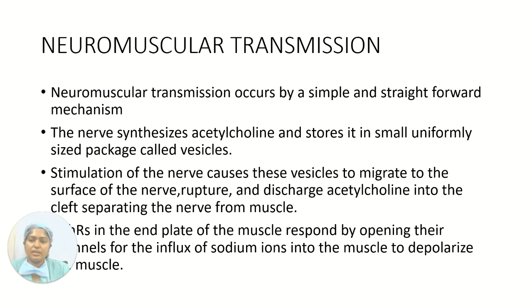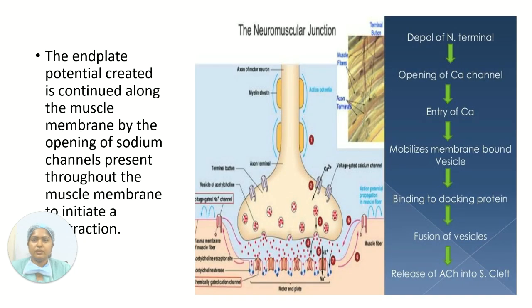The acetylcholine receptors in the end plate of the muscle respond by opening their channels for the influx of sodium ions into the muscle to depolarize the muscle. The end plate potential thus created is continued along the muscle membrane by opening of the sodium channels present throughout the muscle membrane to initiate a muscle contraction.